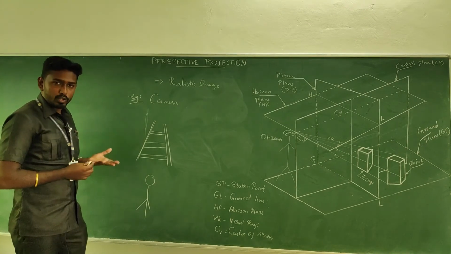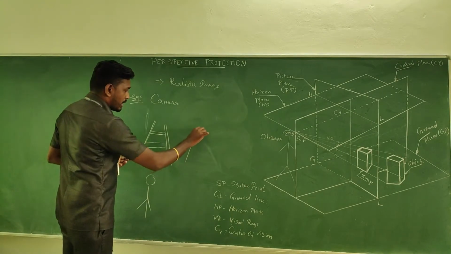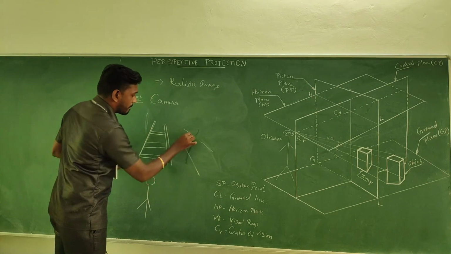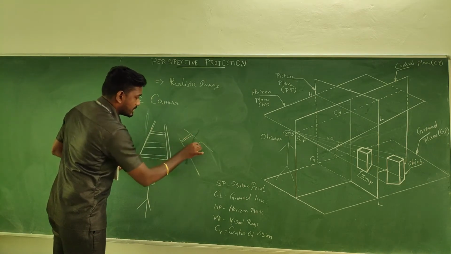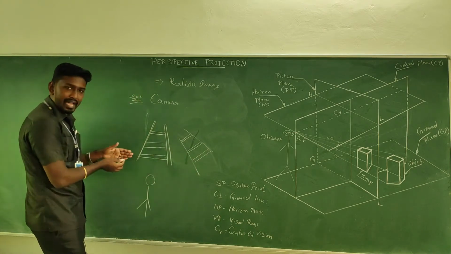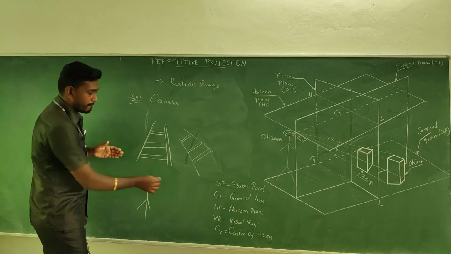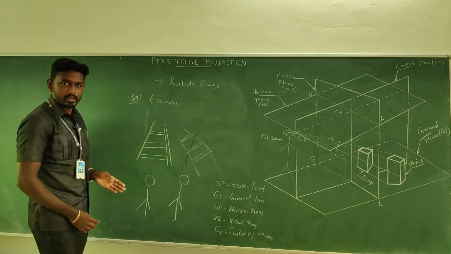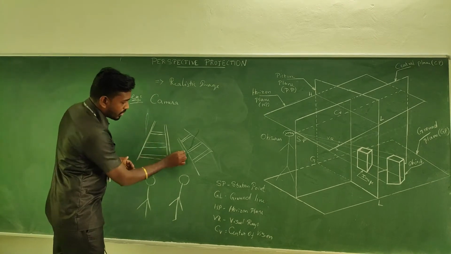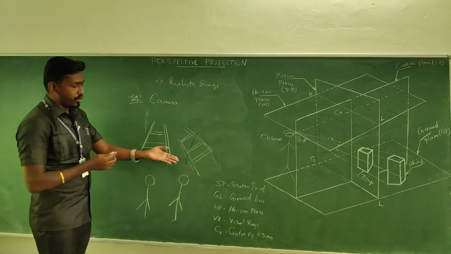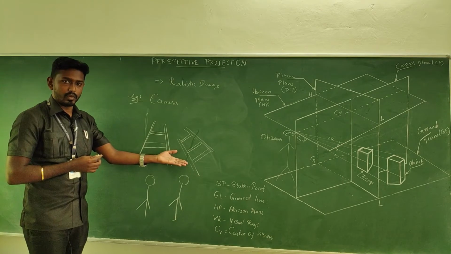And one more thing, if you move the station point somewhat ahead to the side, so the observer position is here, and you take the picture of the same railway track, your view will be different.